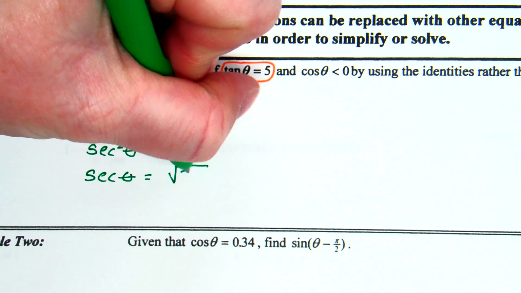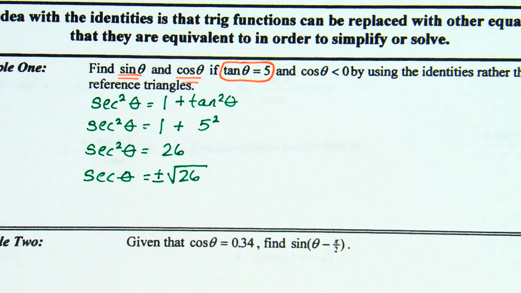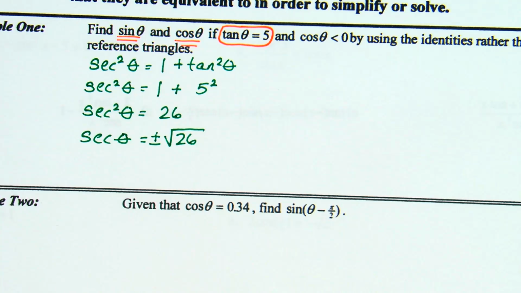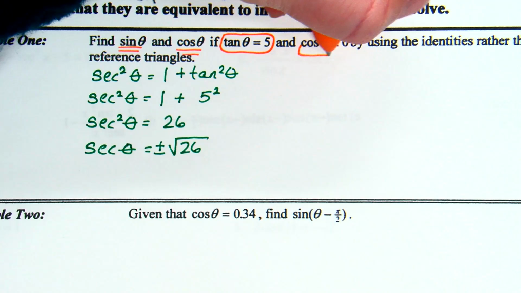I took a square root in an equation setting, so I need to consider the positive solution and the negative solution. Now, notice I said I need to consider. It's not actually equal to both. I need to figure out, is secant equal to the positive square root of 26 or the negative square root of 26?